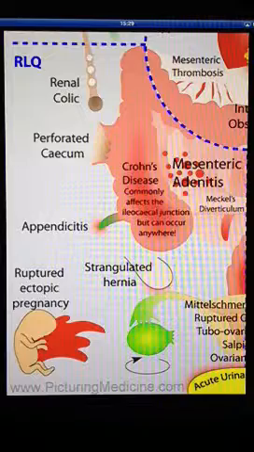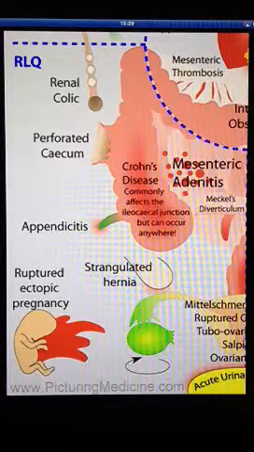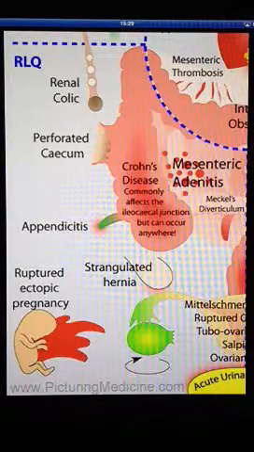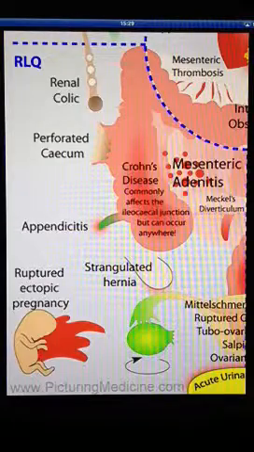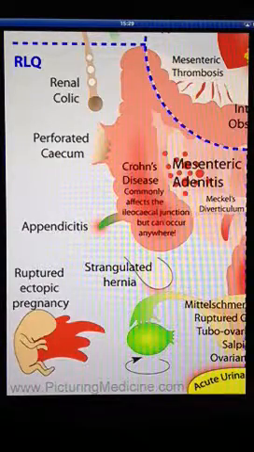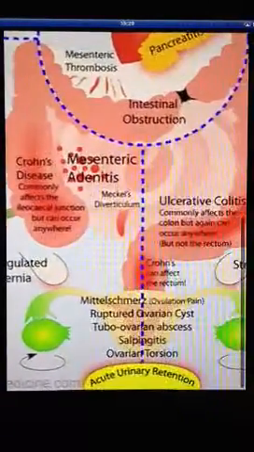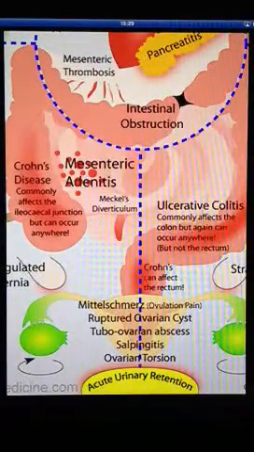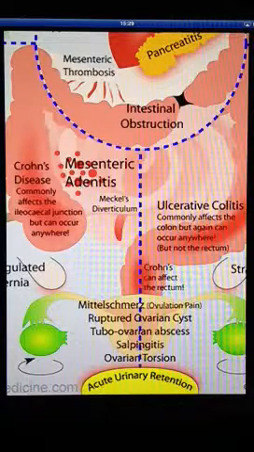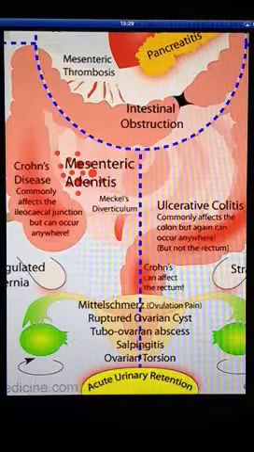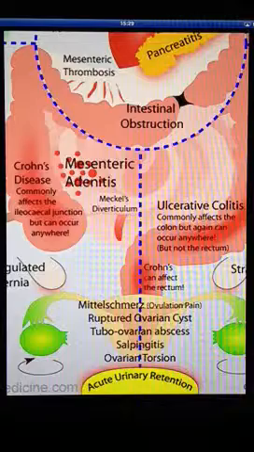In female patients, it's important to do a pregnancy test to check for ectopic pregnancy. This is a potentially life-threatening condition. Female patients may also experience lower abdominal pain due to a number of other possible pathologies.